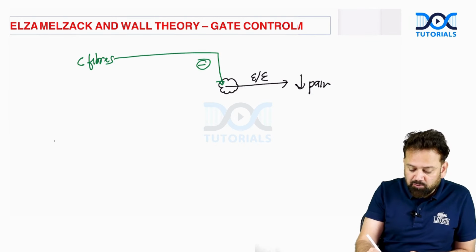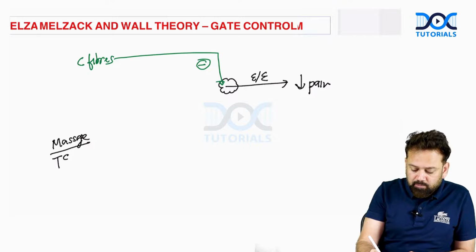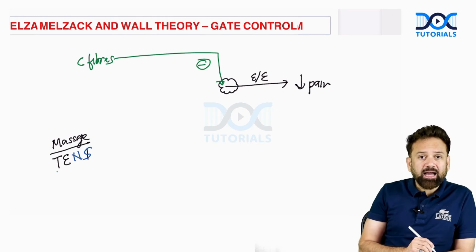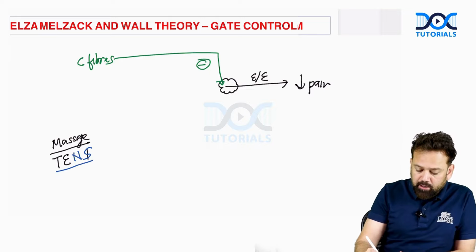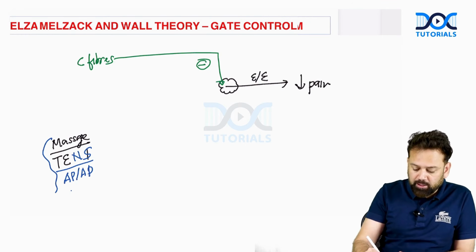But suppose someone starts massaging your hands, or you get a body massage, or TENS therapy, transcutaneous electrical nerve stimulation, or acupuncture, acupressure, whatever, or pain ointment.